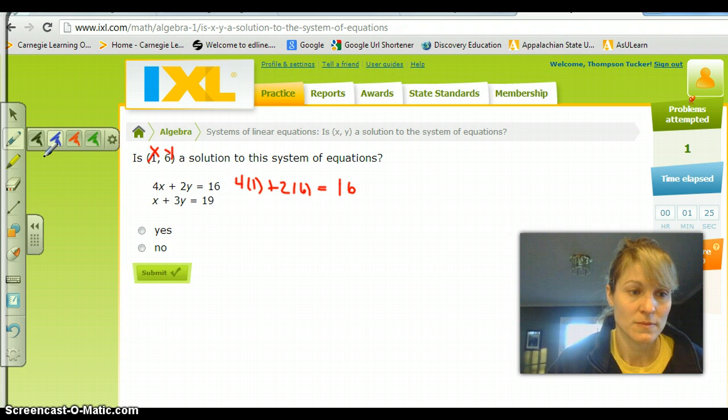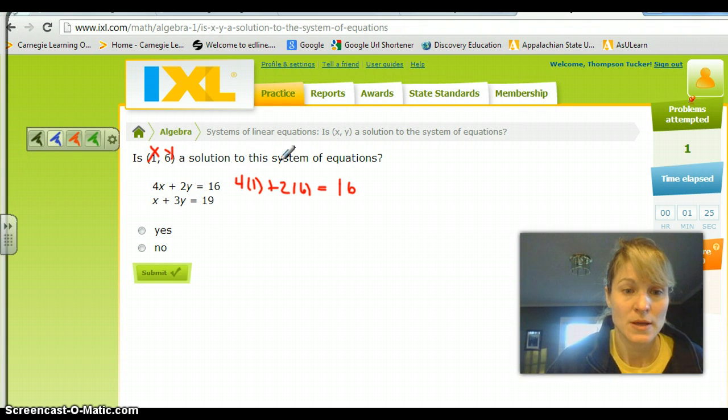So I have to see, is that true? So this becomes 4, and 2 times 6 becomes 12. So it's 4 plus 12, 16. And that's true. So now I'm trying again down here.